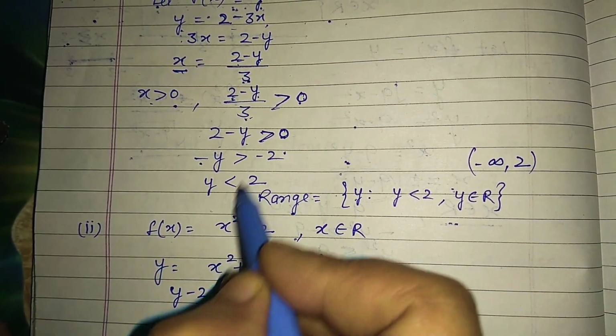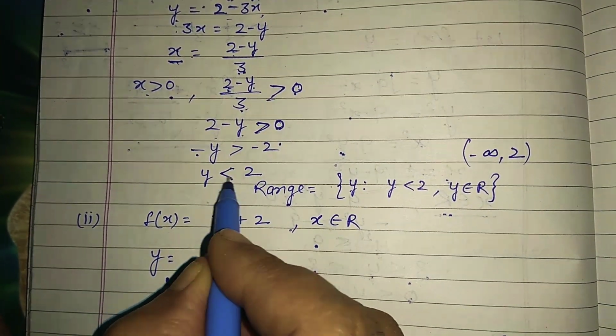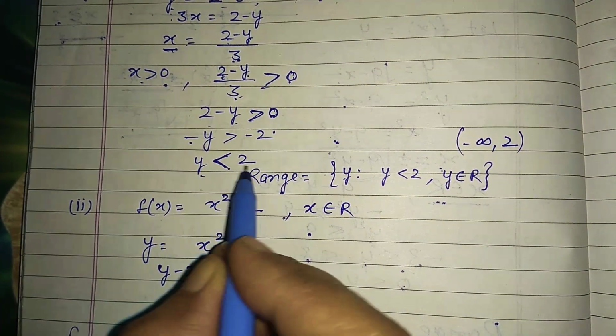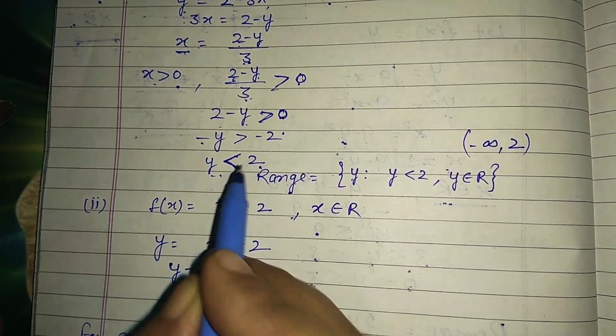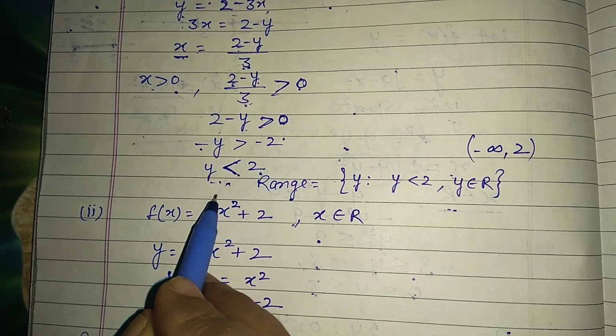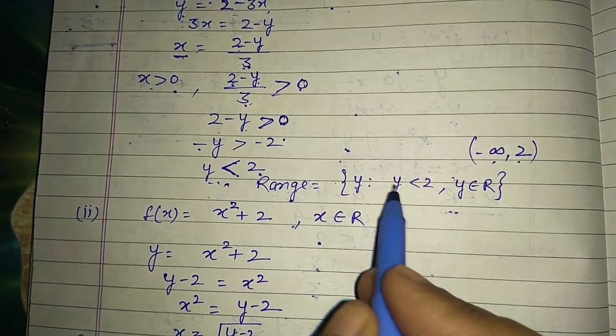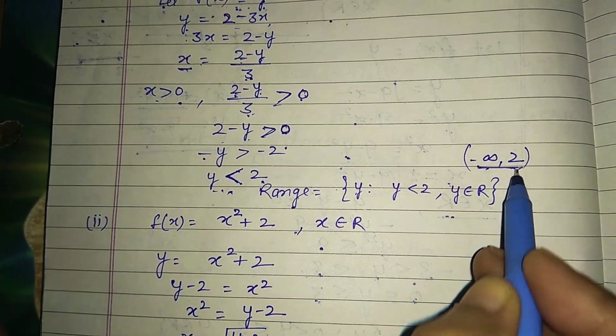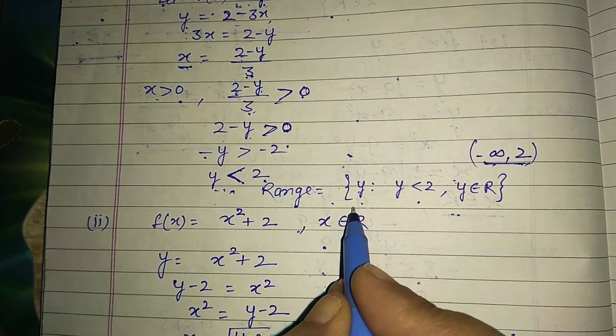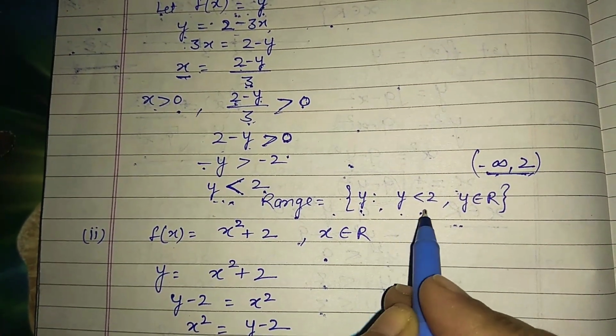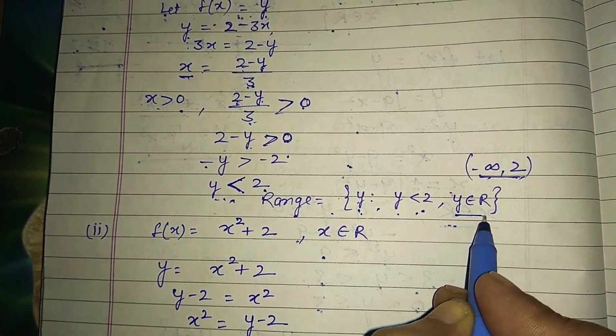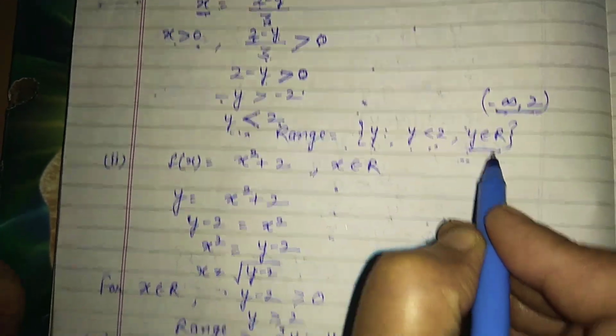If we cut the minus sign, then the sign will be changed, so y is less than 2. It means y is any real number less than 2, so it will be minus infinity to 2, or you can write in set builder form, y is such that y is less than 2 and y belongs to real numbers.